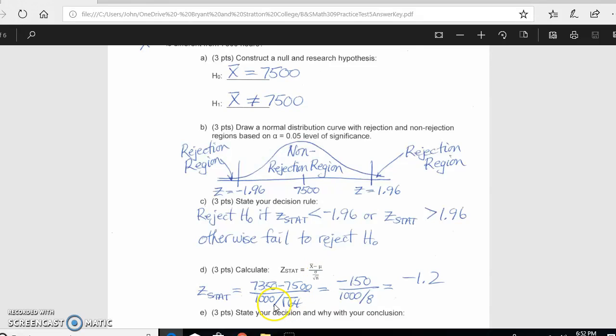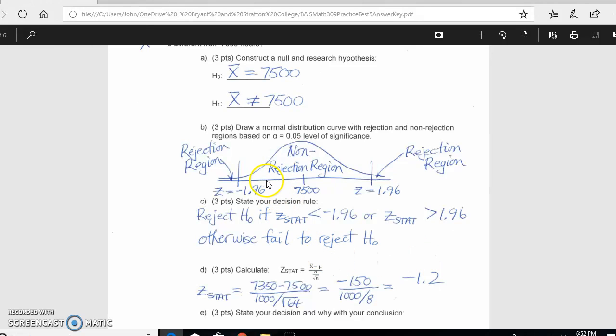And on the bottom, we have the standard deviation for the population of 1,000 over the square root of 64, the sample size. And then on top, we're going to have minus 150. On the bottom, we have 1,000 divided by the square root of 64, which is 8, and that's going to be 125. When we do this calculation here, we're going to have a z-stat of minus 1.2.